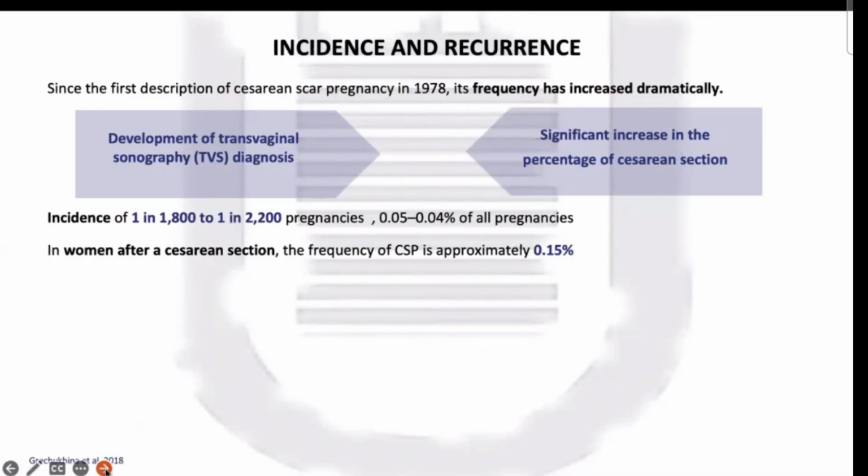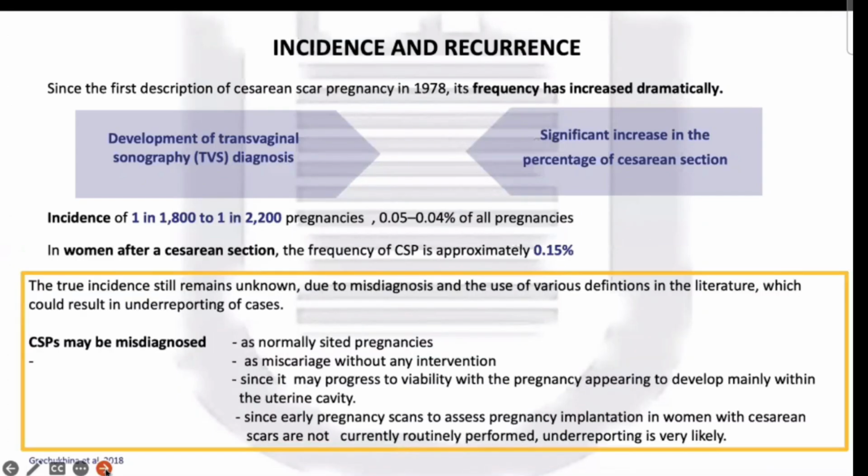The incidence is around 1 in 2,000 pregnancies and around 1.15% of all pregnancies after cesarean section. The incidence is, however, not clear and remains unknown because we often have underestimation and underreporting.